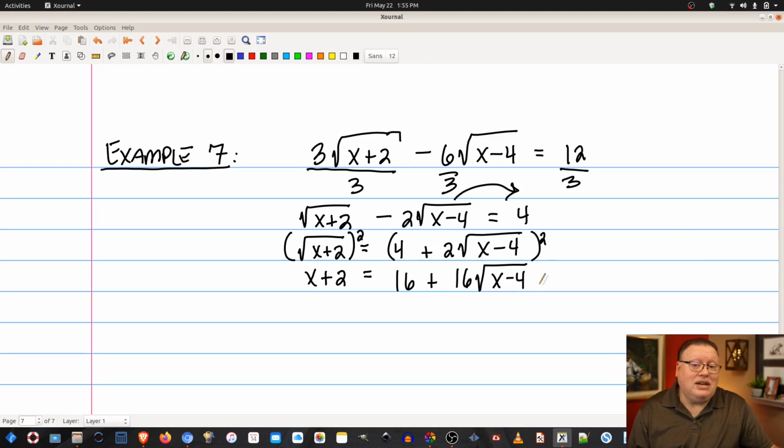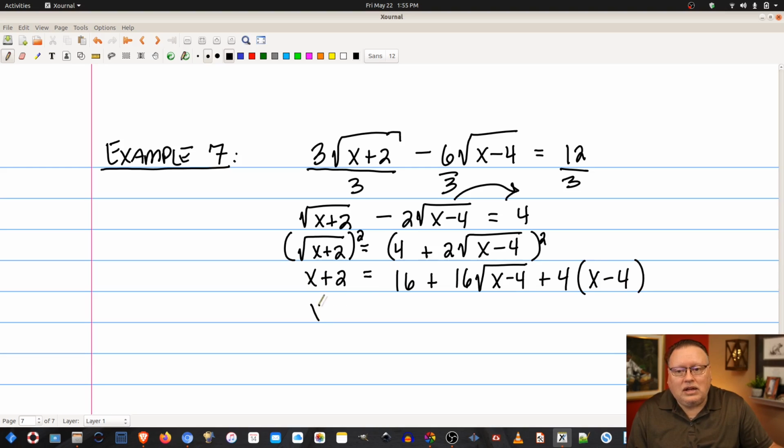And then what's next? Well, if I square this, I end up with 2 squared is 4. And then this square root of x minus 4 times square root of x minus 4, well, that's just x minus 4. Okay? So what do we end up with here?